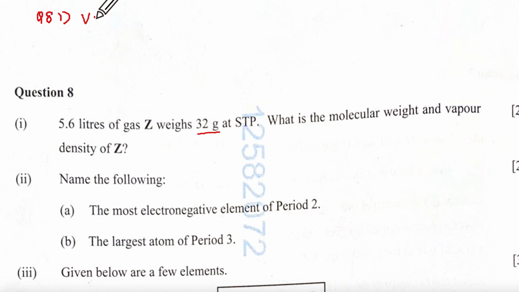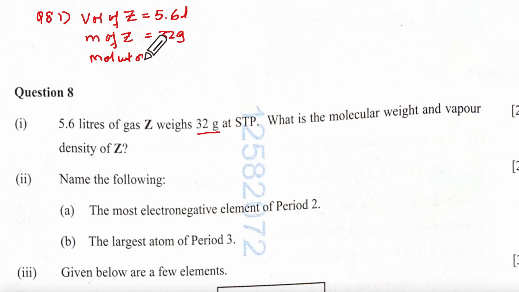Volume of Z is 5.6 liters. The mass of Z is 32 gram. They are asking for the molecular weight of Z and the vapor density.